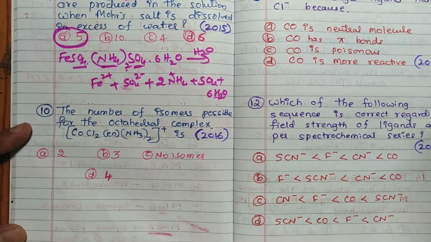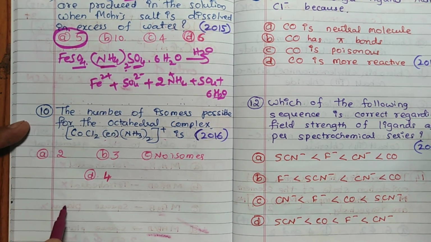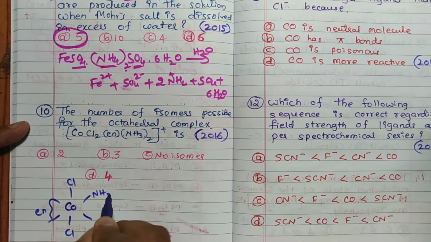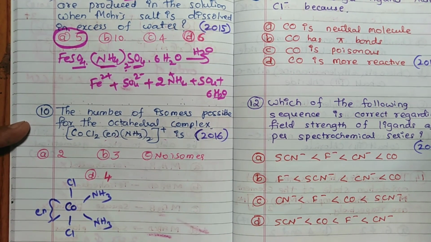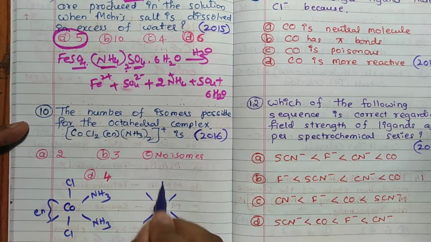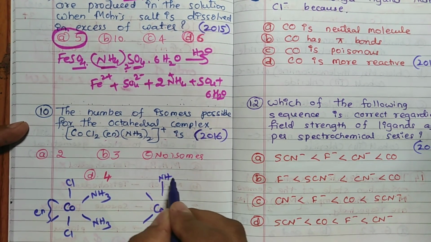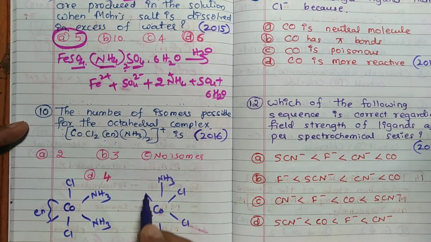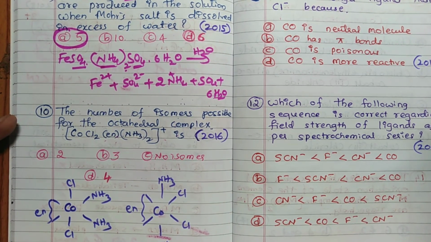So geometrical isomerism is possible. How? See here. In this particular case, I will draw it like this: Co, en, Cl, Cl, NH3, NH3. Then NH3, NH3 opposite, Cl here, and this is en.